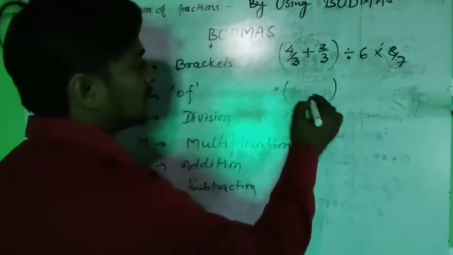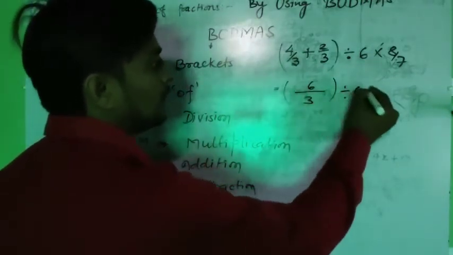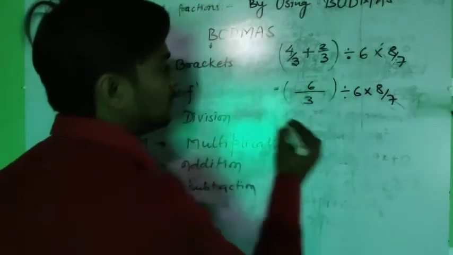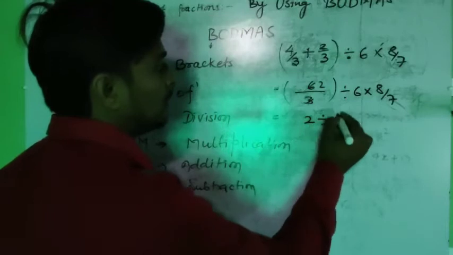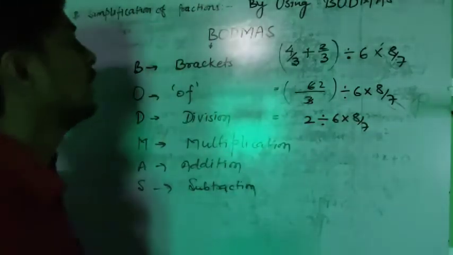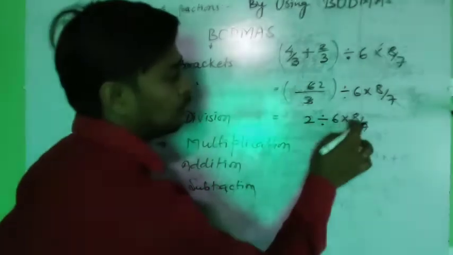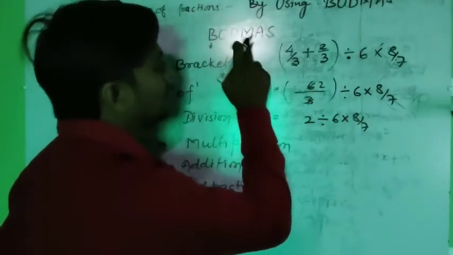Both are like fractions, so 4 plus 2 is 6, over 3. Now leave as it is, do it stepwise, it will be easier. Now 3 twos are 6, so 2 divided by 6 into 8/7. Now follow this rule again. This is division, multiplication. Don't multiply first, you have to divide first, division, after that multiplication.